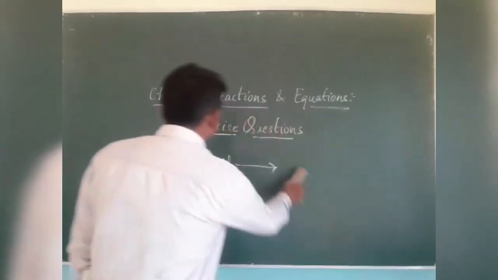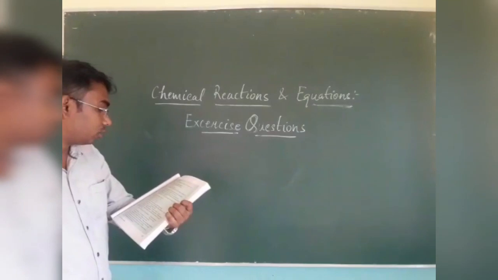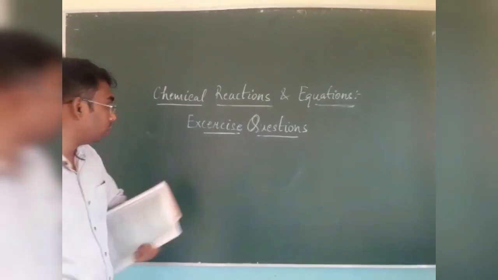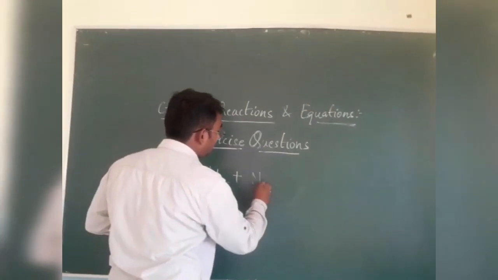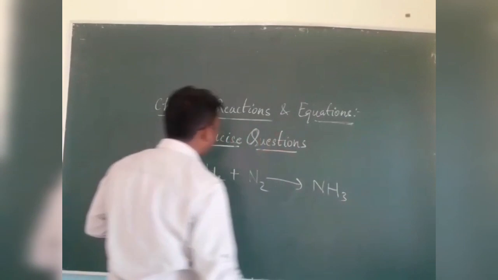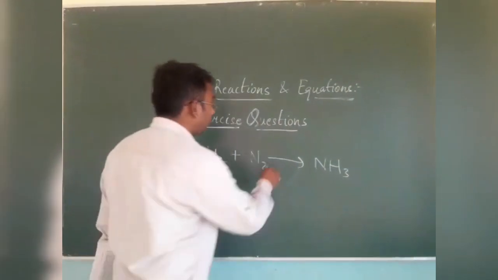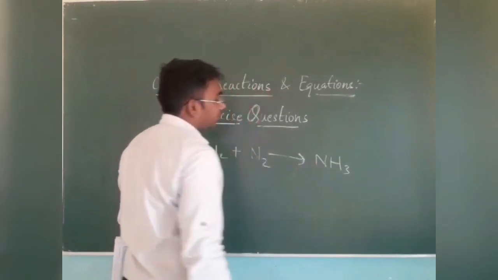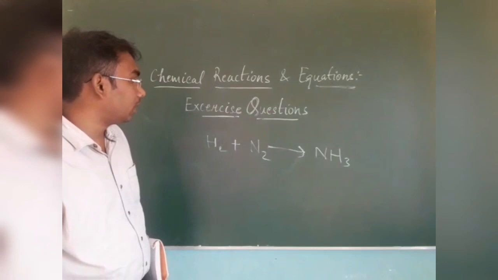Now the very first part: hydrogen gas combined with nitrogen to form ammonia, that is H2 plus N2 gives NH3, which is the formula of ammonia. And we also have to balance this chemical equation. According to the rule, we always start balancing from the species which contains the maximum number of atoms.